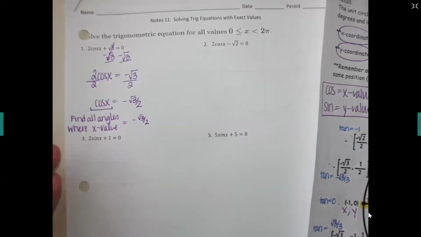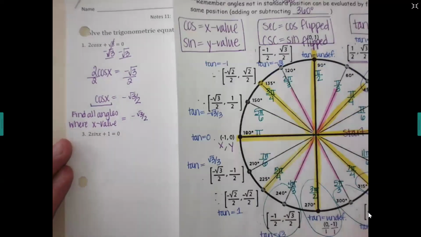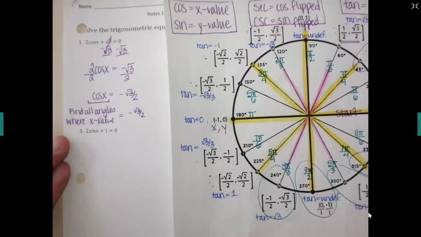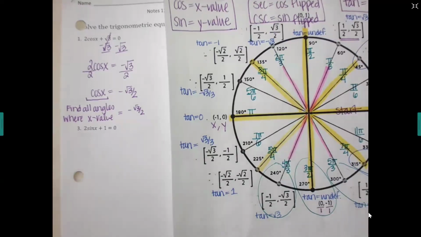If you want to write that little sentence, and then we're going to find it, but I see some of y'all have already found it. Remember that cosine is the x value. So I just want the x value to equal that number, and then I'm going to list the places where that happens. For example, I have a negative root 3 over 2 right here. That would be 150. Write it down.